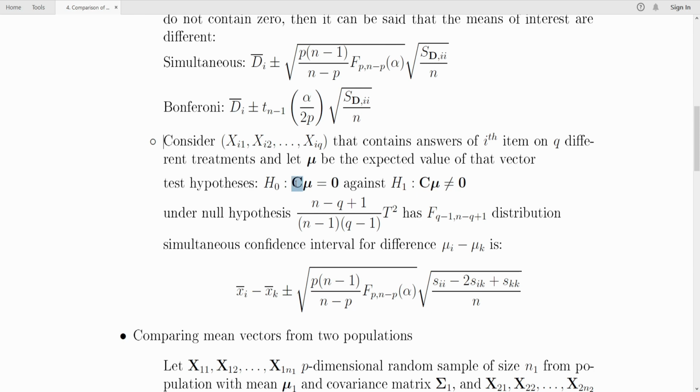The choice of this contrast matrix can be one of many. So we can choose this C to be almost anything that satisfies the assumptions of the contrast matrix. But the most common two that are used are, let's go to Excel.